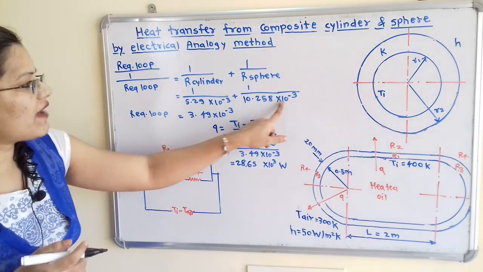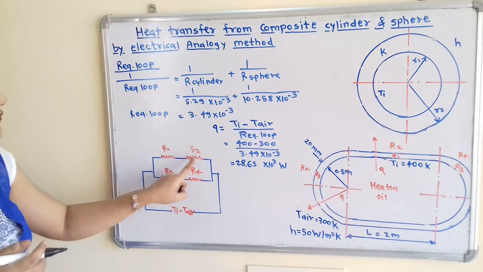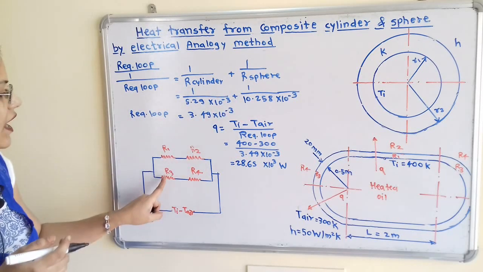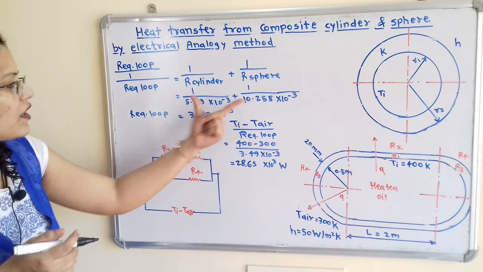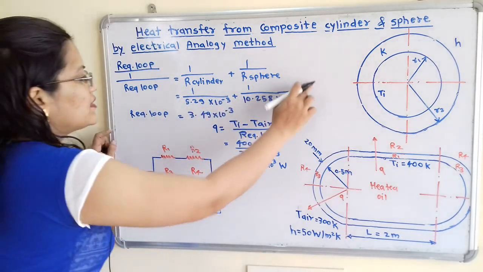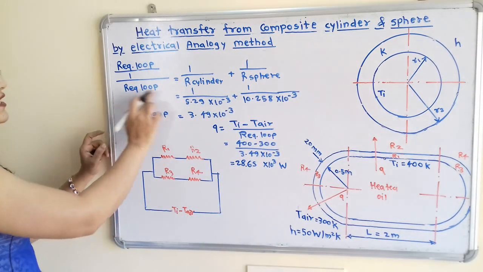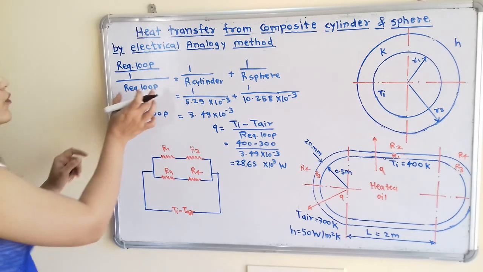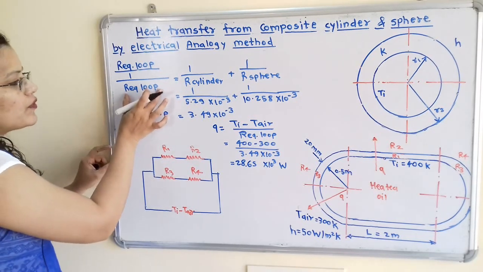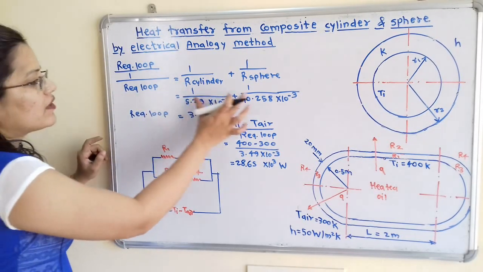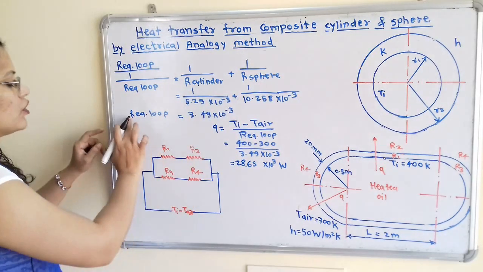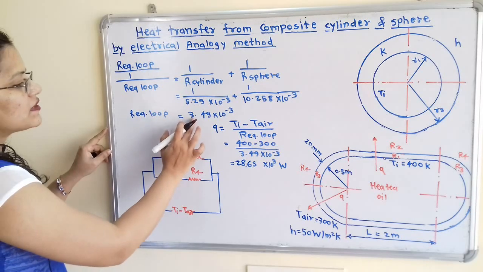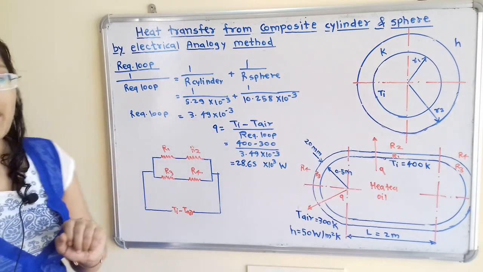R cylinder is nothing but R1 plus R2 and R sphere is R3 plus R4. When we find this answer, it is for 1 divided by R equivalent loop. To calculate R equivalent loop, we take the inverse of the solution of the whole right hand side. So R equivalent loop is equal to 3.49 into 10 raised to minus 3.